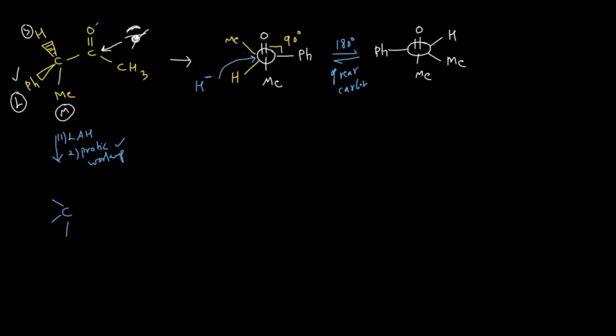Not drawing the stereochemistry, H here, Ph here, Me here, this would become OH, okay, and CH3 is already there. And you see one of the hydrogens is actually the nucleophile which is coming here. So this OH we are forming by the protic workup, and this lithium aluminum hydride is giving this particular nucleophile.